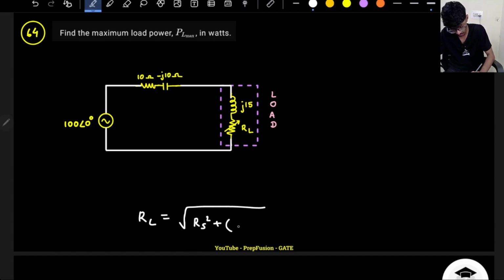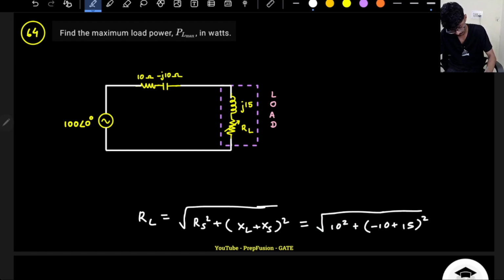Here the reactances are opposite, so it will be minus 10 plus 15 whole square. Just be careful about that, right? So it is XL plus XC, load reactance plus the source reactance, and here both are of opposite sign. That's why you will write with a negative sign. So this will be 10 square, RS is 10 ohms, this will be minus 10 plus 15 whole square.